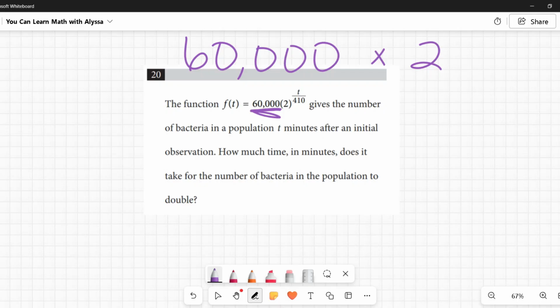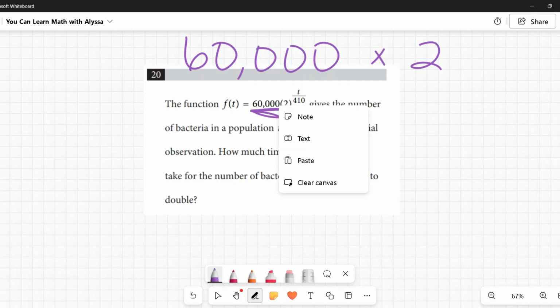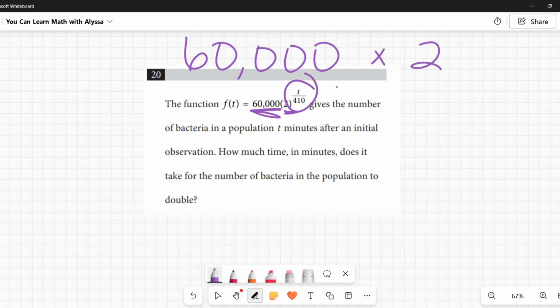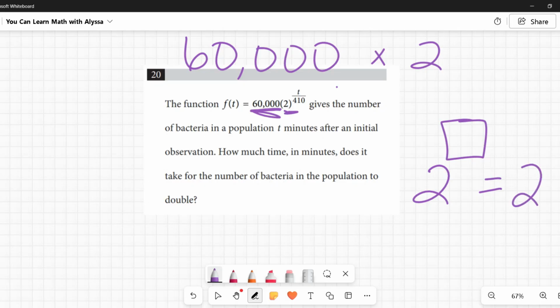Kind of. That 2 is there, but it's 2 to the power of t over 410. What t needs to be there for this just to be 60,000 times 2? 2 to the power of something, I'll put like a little square there. 2 to the power of what equals 2? Because I want it to be 60,000 times 2.